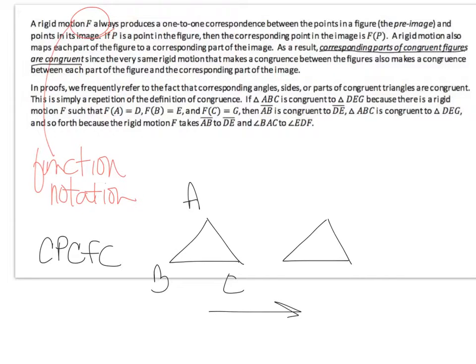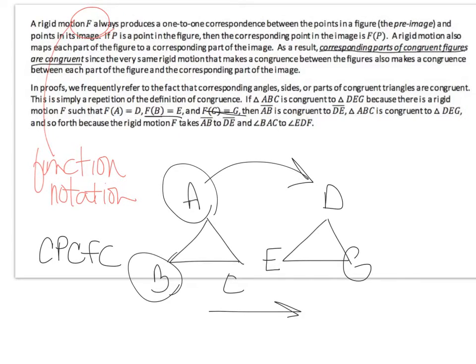We're just going to say a translation because it's easiest to describe. If F of A equals D, that means I'm going to write a D over here. F of B equals E, and F of C equals G. So the function at A translates to D, B translates to E, and C translates to G.